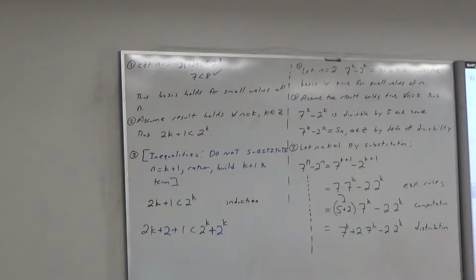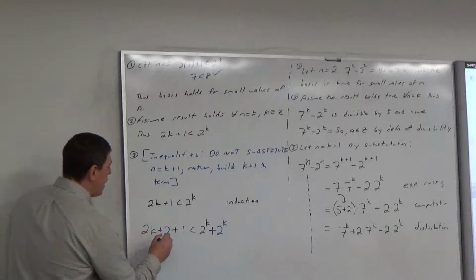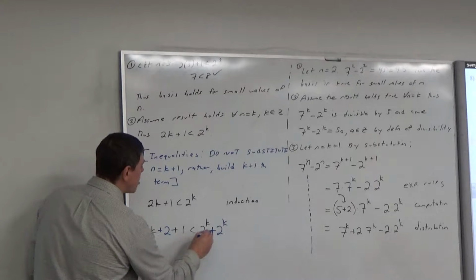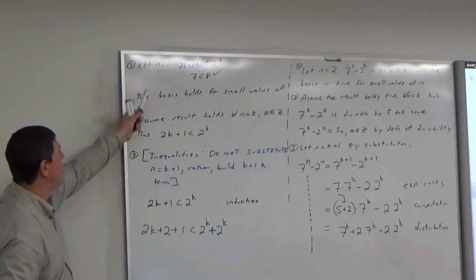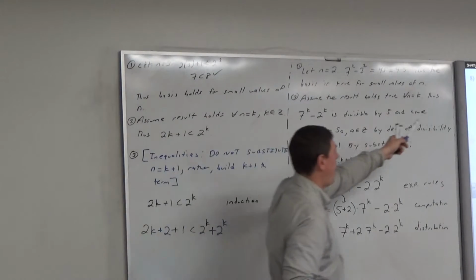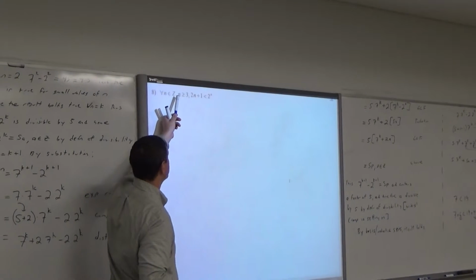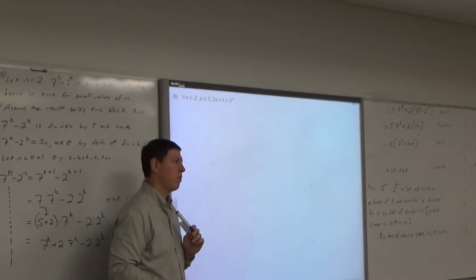Now, before I even talk about why I did that, let me make sure that you understand that that is legal and why we can do that. Let me ask you guys, is 2 less than 2 to the k provided that k, and remember, n equals k, is bigger than 3?